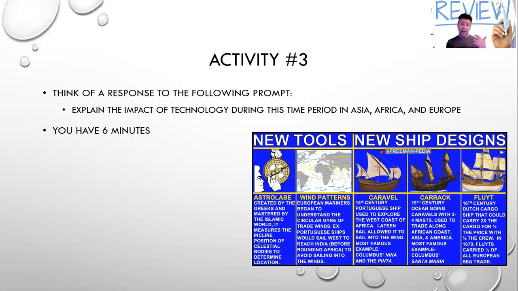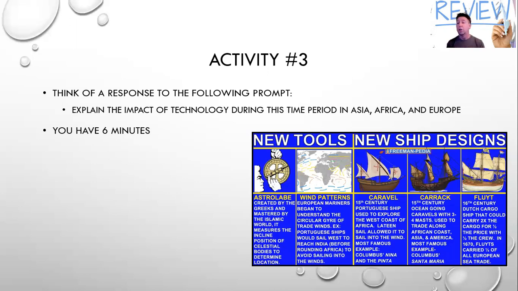Because this is a majority of exploration in the maritime systems. So obviously those things are going to require a lot of new technologies to get people around, especially when you are trying to travel further distances. You can see here new tools like the astrolabe, understanding weather patterns like wind, and what type of ship designs are happening in this time frame, because you are going further distances.